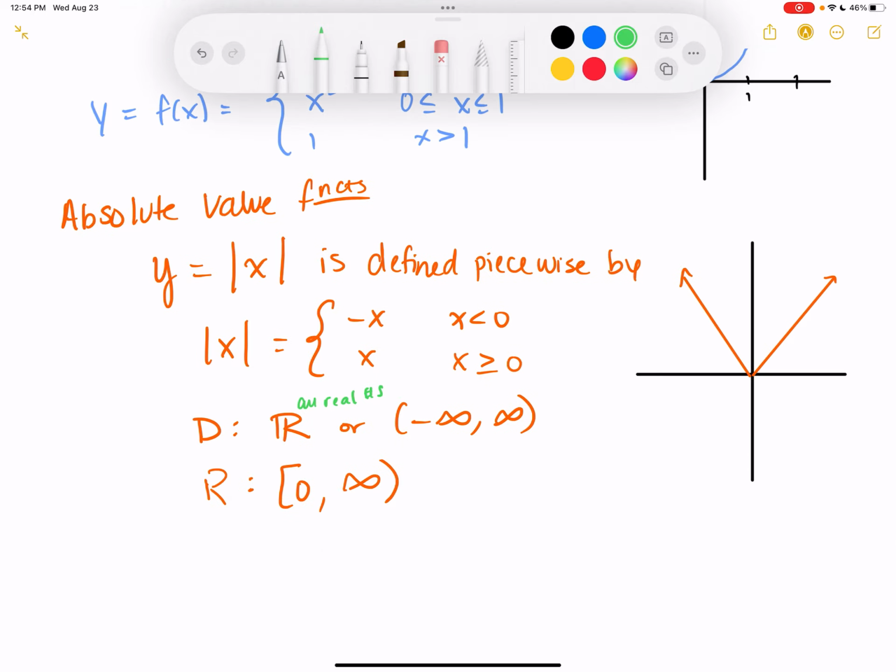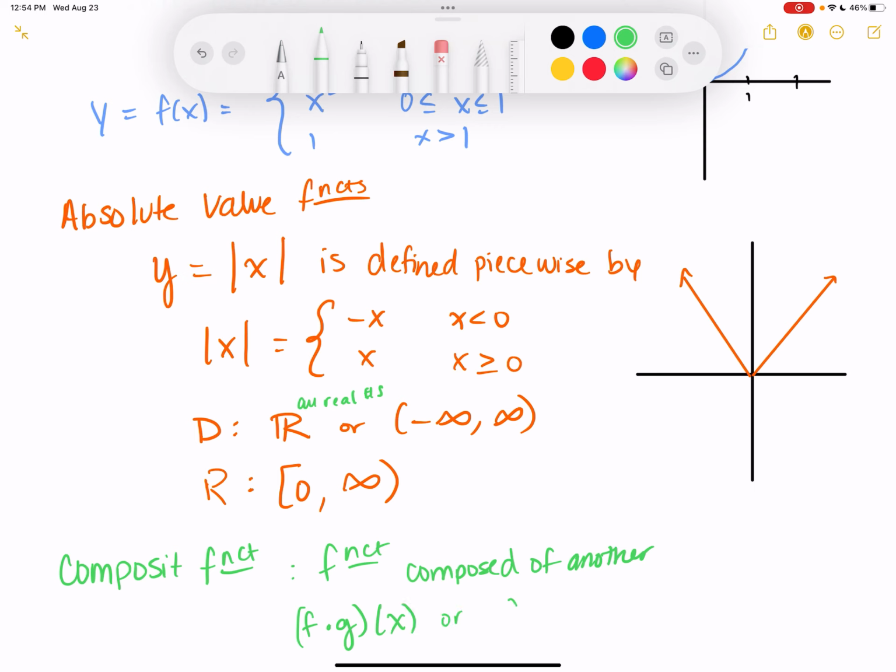Then the last thing is a composite function, which is a function composed of another. So f of g of x or f of g of x is the other way we can write it.